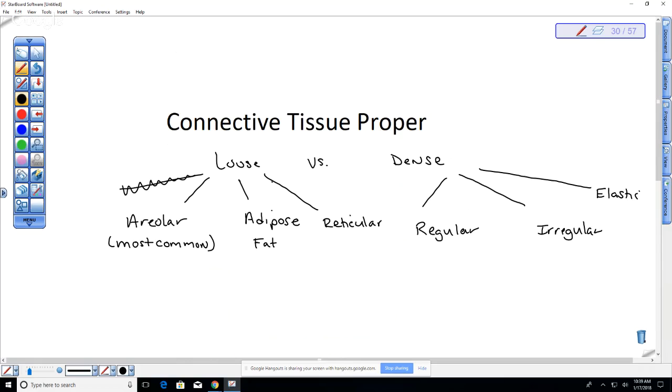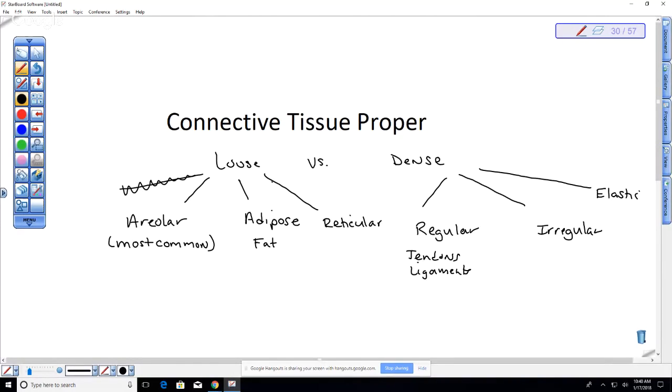Okay. So regular means that the fibers are lined up, right? They're in a regular pattern. And so this would be like tendons and ligaments. So tendons connect muscle to bone, and ligaments connect bone to bone.